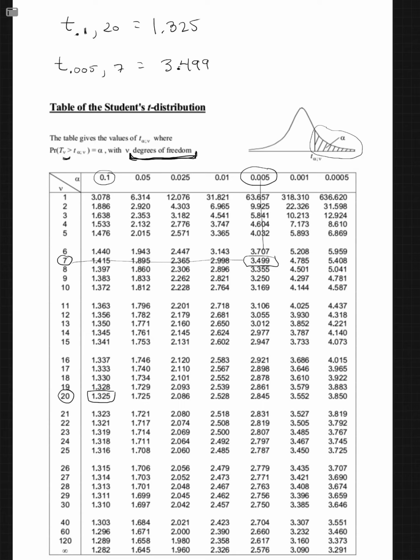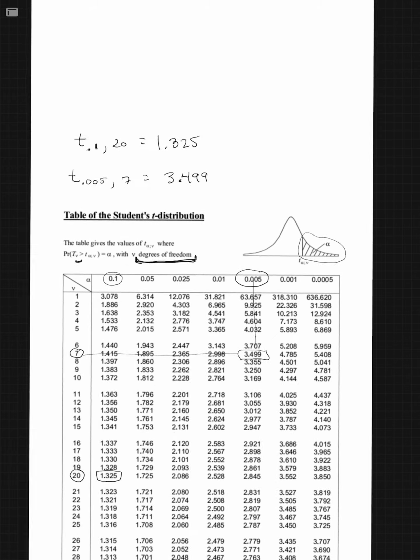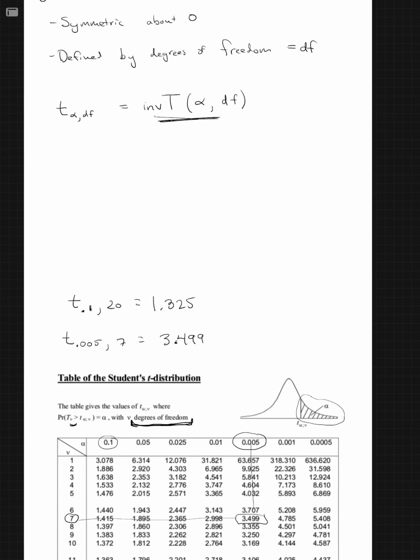But it turns out that it works out to be the same values because of that symmetry about 0. So this is the whole section. It's about how to use this table. Remember that there's always your calculator option as well, if you don't want to lug around a table with you. But yeah, that's what this section is about.